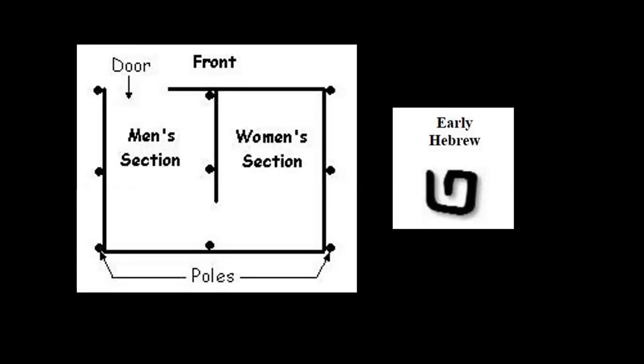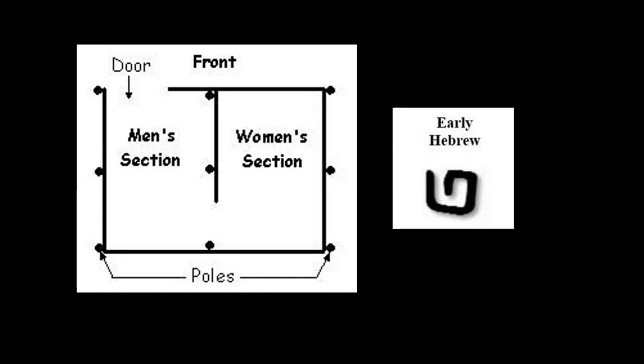Let us look at a more detailed representation. So again, we have the men's section, and that is usually where the opening of the tent is, or the door. And then the women's section is only accessible through the men's section. So we can see how that would be a means of protection for the women.